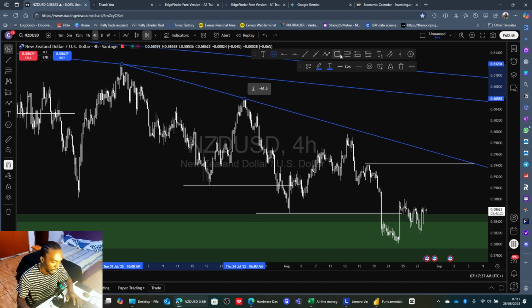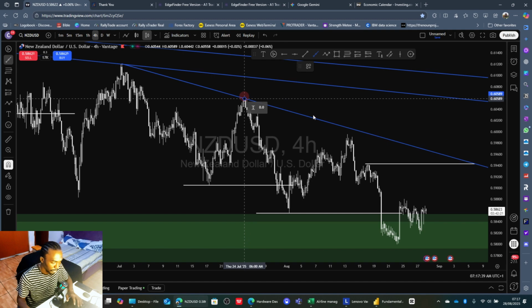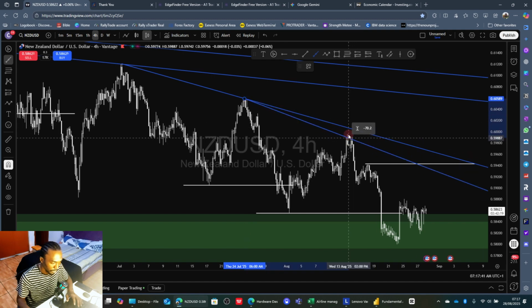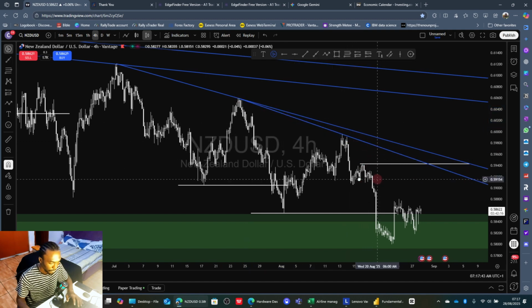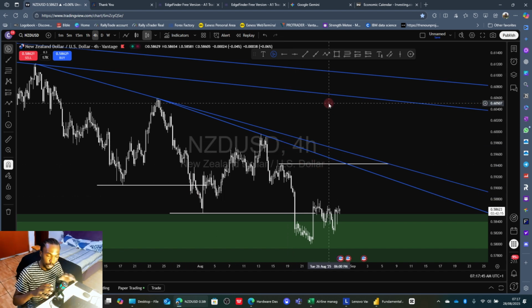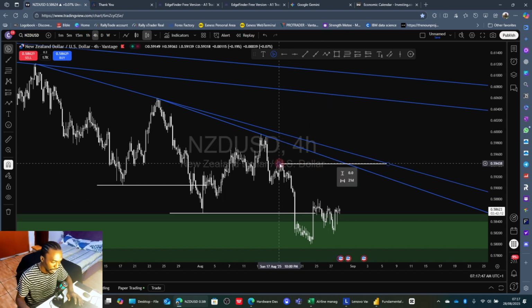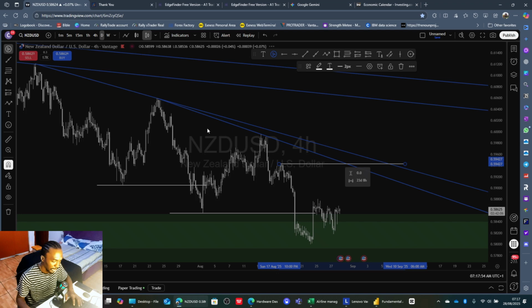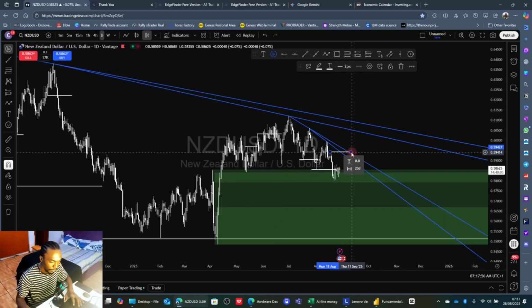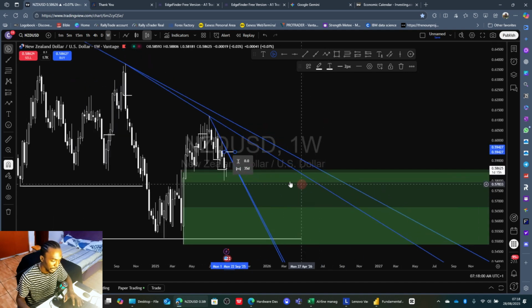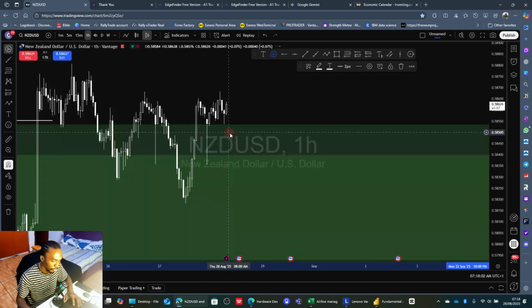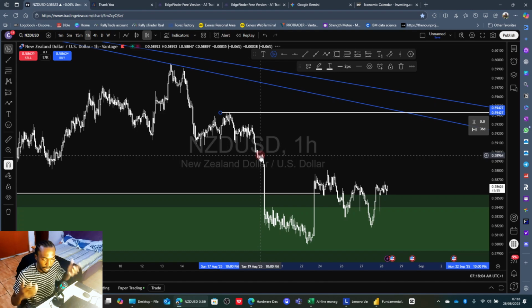You have this one, and then you have this one right here. You can see everything we're drawing still falls within this high I pulled out here. If price makes it out of this daily high, which I drew all the way from the beginning, or this weekly high, then we have a good reason to say, all right, there's a tendency.